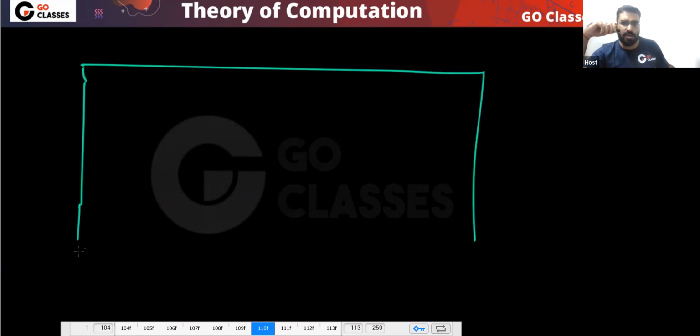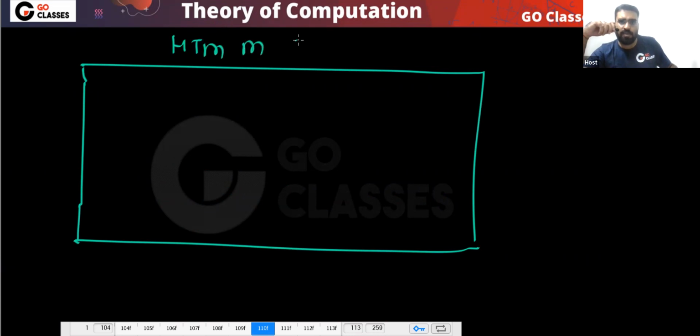So very simple. You can create a halting Turing machine M for L1 union L2. How?